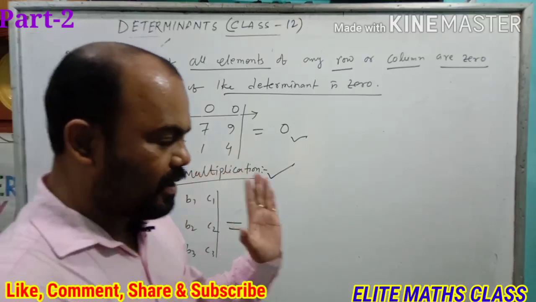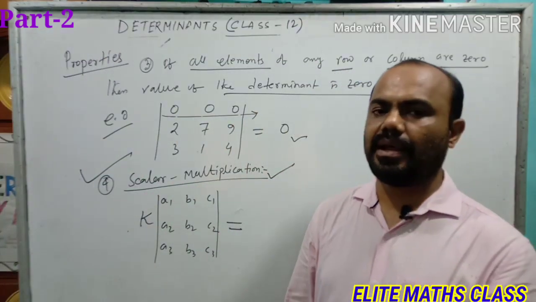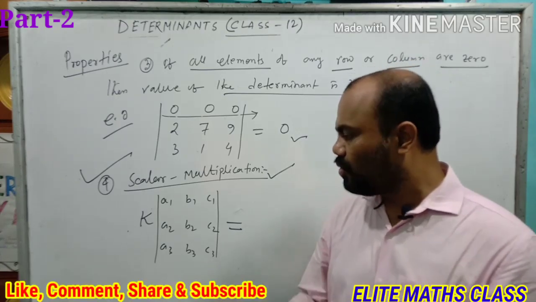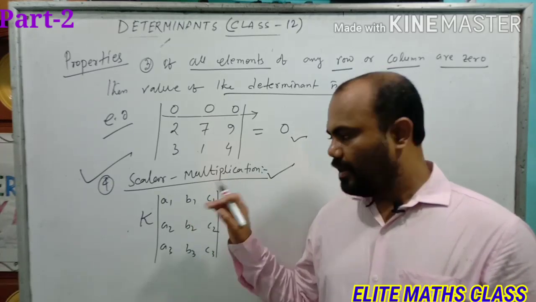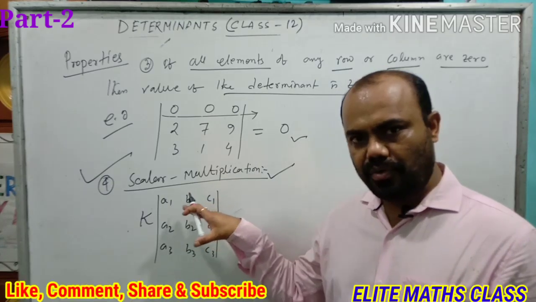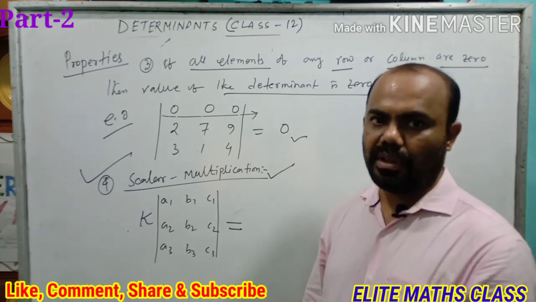You may remember, whenever a determinant is multiplied by a scalar, that scalar will be multiplied through any one row or one column only. That is, in a row you have to multiply k to all the elements, or in a column, not to all the elements of the determinant.